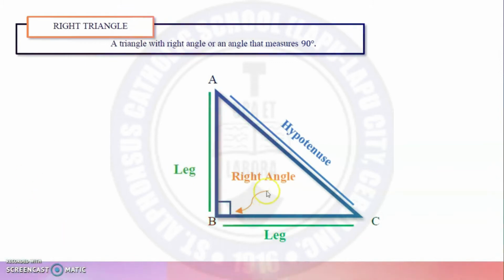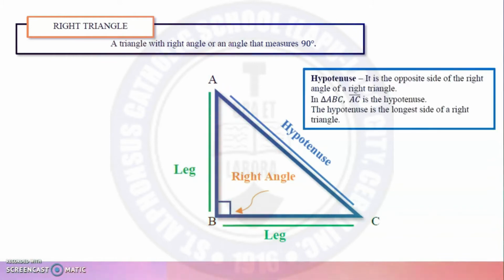This is an example of a right triangle, and you can easily identify the 90-degree angle because you can see this indication that looks like a square. So the parts of a right triangle are the following. First, the hypotenuse. The hypotenuse is the side opposite the right angle of a right triangle.